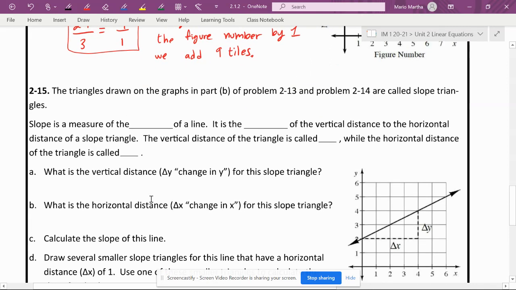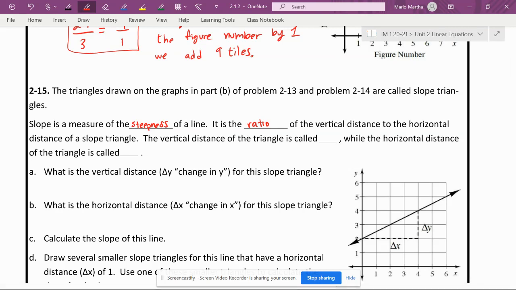So if you notice, slope is the measure of the steepness of a line. So steepness. And then it is the ratio of the vertical distance to the horizontal distance of a slope triangle.